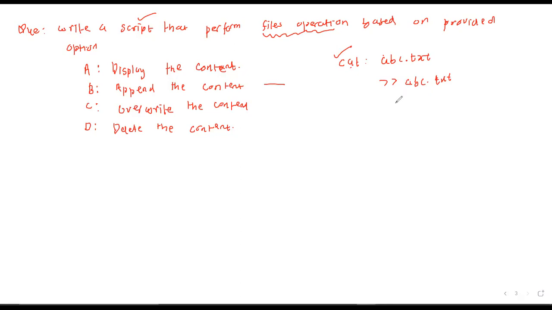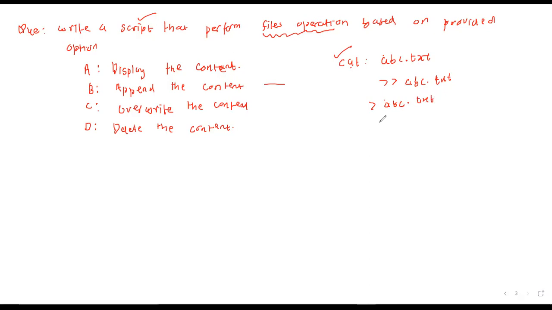Okay, so in order to overwrite, we use single redirection, and then abc.txt.